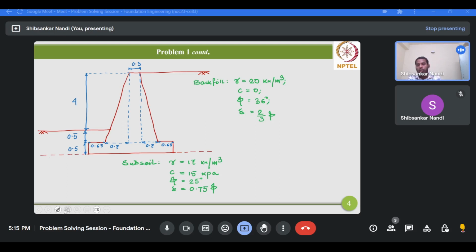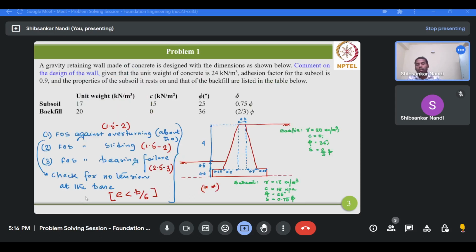Okay, so first we'll start with the calculation of lateral earth pressure. For that we should know the coefficient of active earth pressure. Now, for this problem, you have to basically employ the Coulomb's theory of earth pressure. Why? Because we are basically considering some wall friction, so it's not zero.